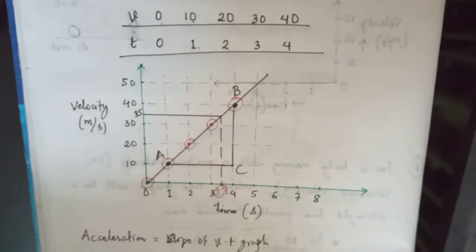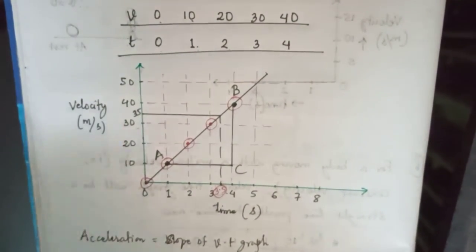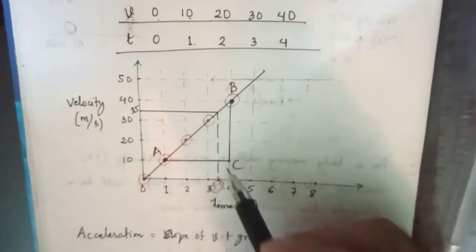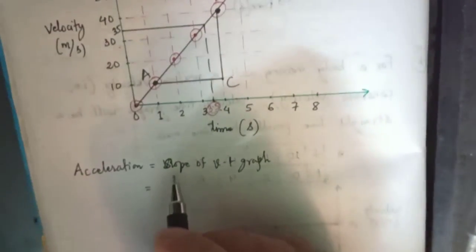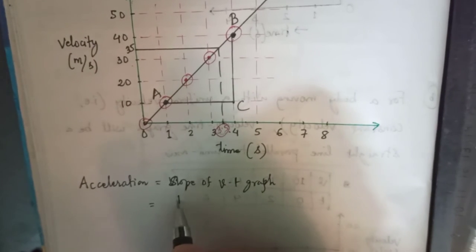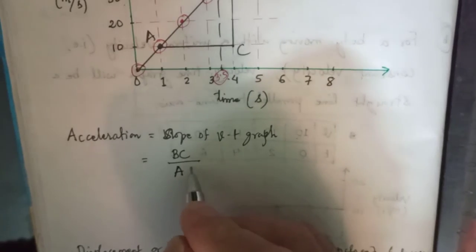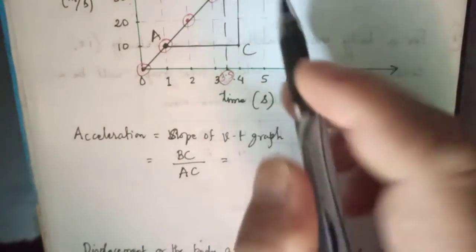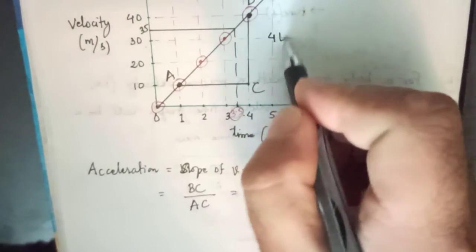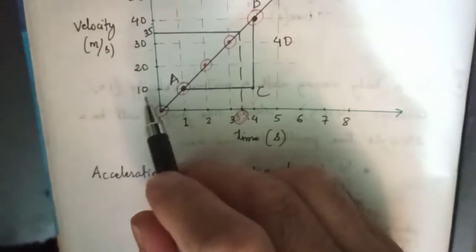Now we have to calculate the slope. Mathematically, slope means tan theta, tan of this angle. Tan theta means perpendicular by base. So the slope of this VT graph will be perpendicular BC over base AC. The value of BC: point B corresponds to 40 meter per second and C corresponds to 10 meter per second.